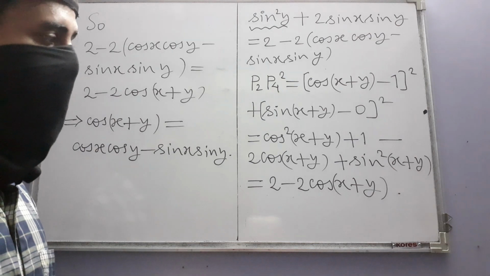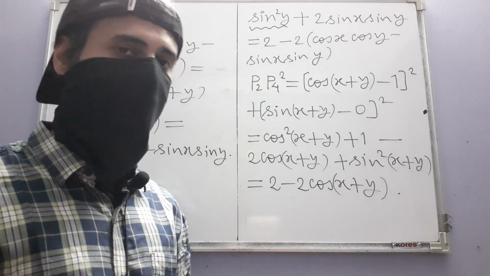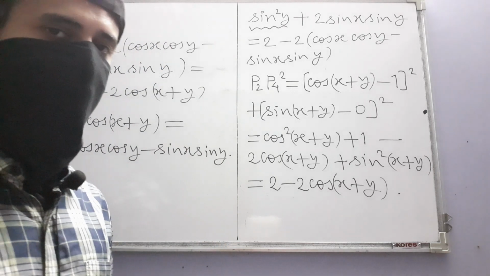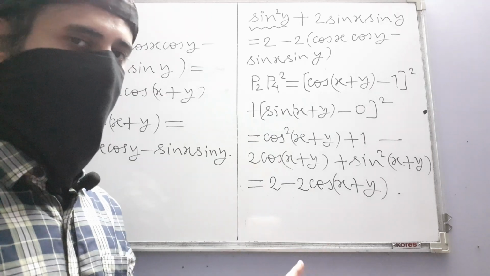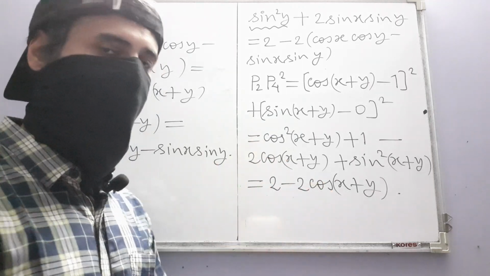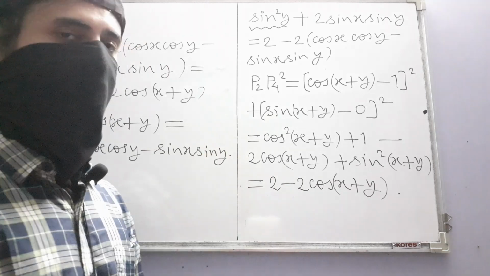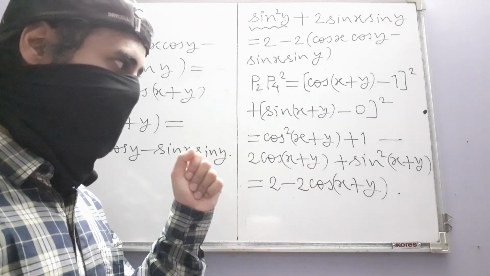But actually these formulas are true for degree measure also. But it's advisable that you forget about degree measure. You invariably think that in whatever discussion we are going to have from now on, whenever trigonometric functions appear, the input is in radian.